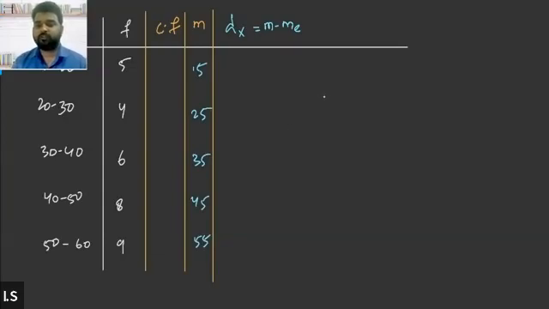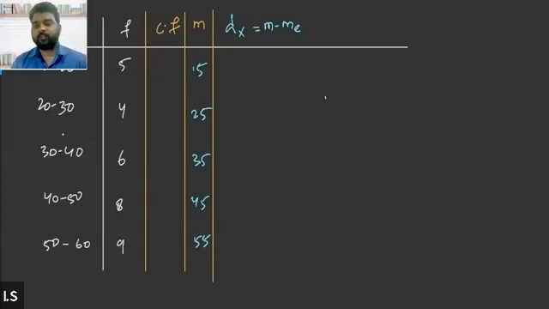So we take the first value of the class interval and the second value of the class interval, then divide by 2. So 10 plus 20 is 30, divided by 2 will be 15. And similarly 20 plus 30 is 50, 50 divided by 2 will be 25. Got it? Yes, sir.